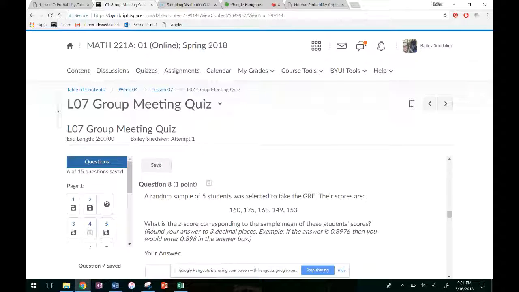A random sample. We don't have X because we don't have the value. And we also don't have Z.